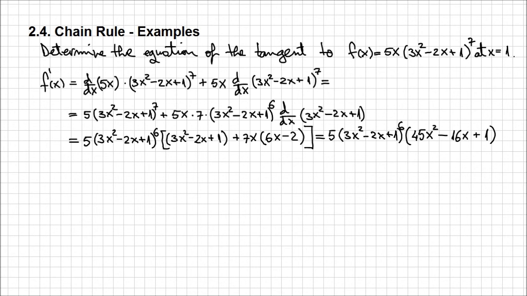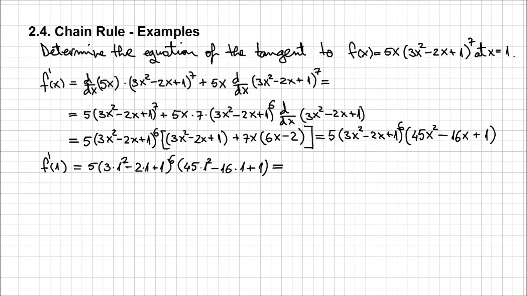But in order to determine the slope, m, at that particular point when x equals 1, we have to determine f prime of 1. Let's calculate that. It's going to be 5 times, everywhere I see x in the expression above, I'm going to replace it with 1. So (3 times 1 squared minus 2 times 1 plus 1) to the power 6, times (45 times 1 squared minus 16 times 1 plus 1).